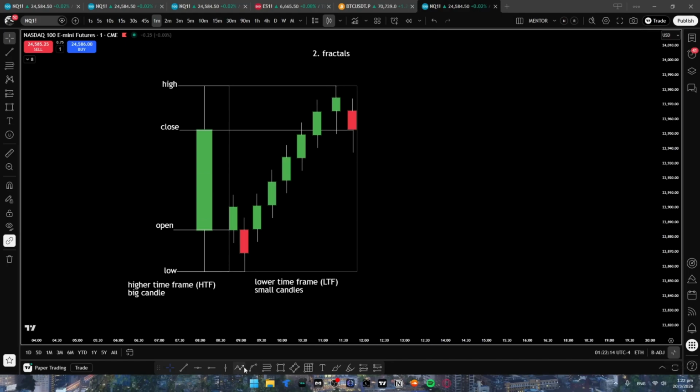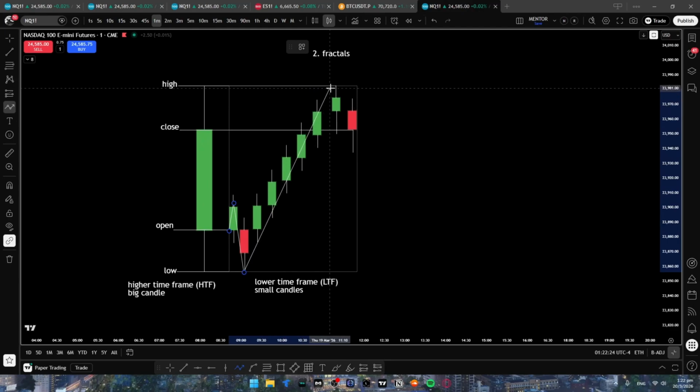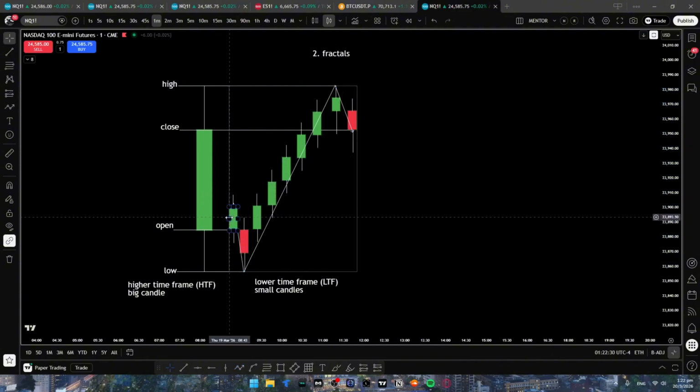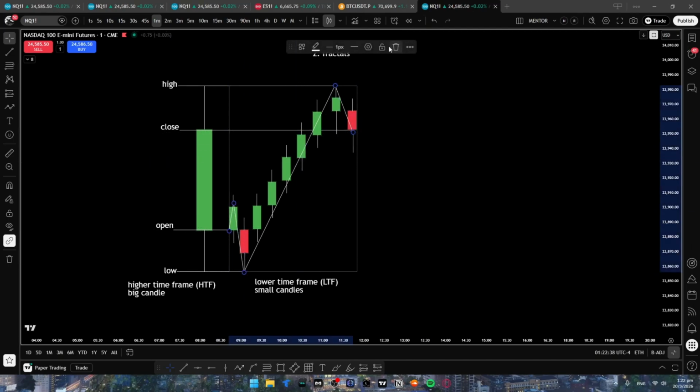In other words, if you don't know this candle, because it looks very confusing, it just went like this, and then it goes up, and then it closes here. You just look at the bodies, and so this would be the open, and then makes a low, high, close. Simple.